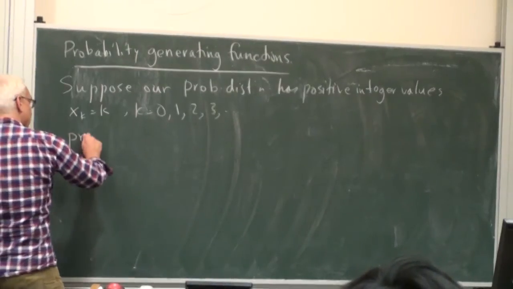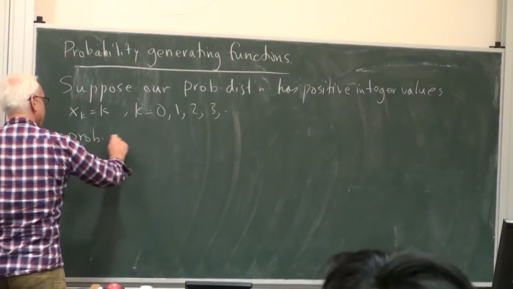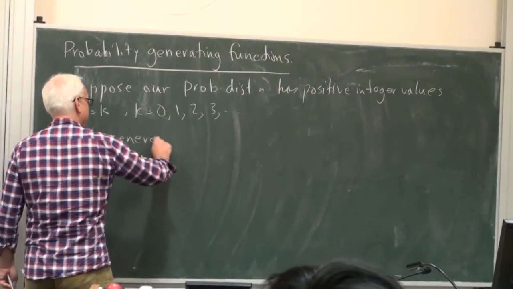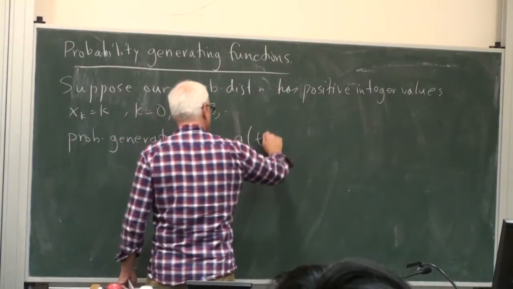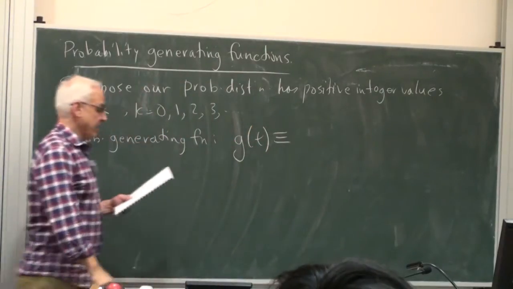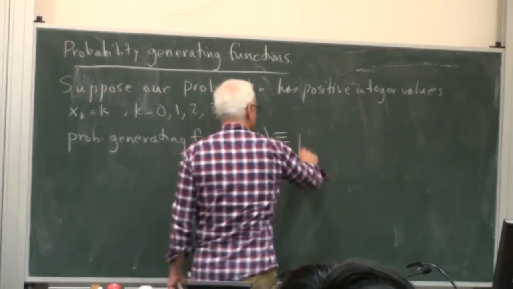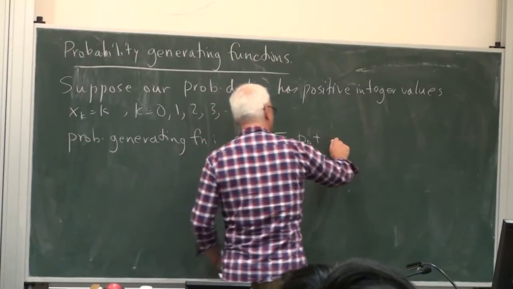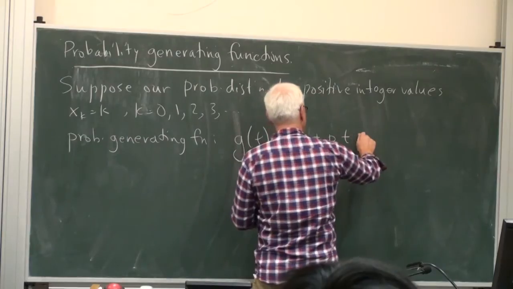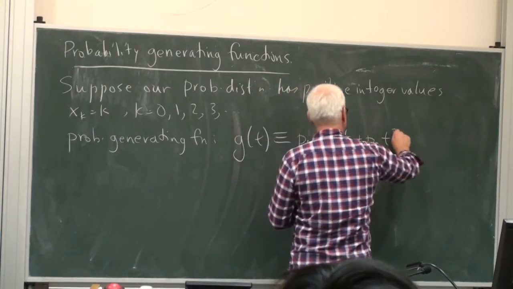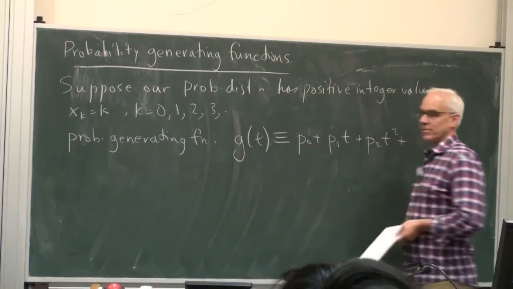So the probability generating function is g of t. And it's defined to be p0 plus p1 times t plus p2 t squared, and so on.